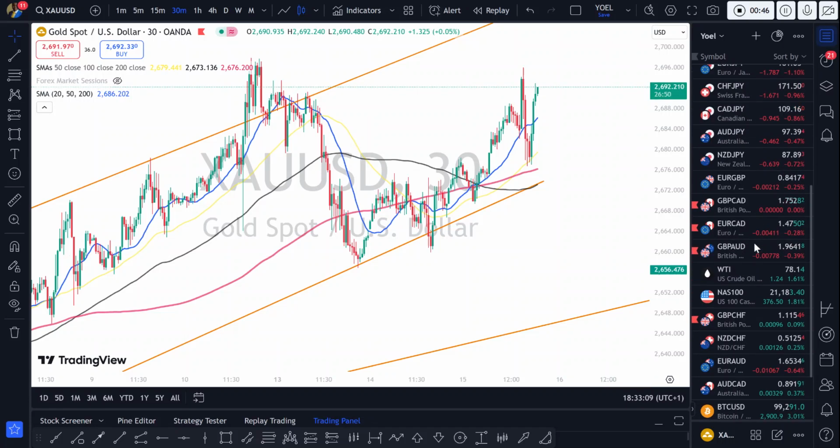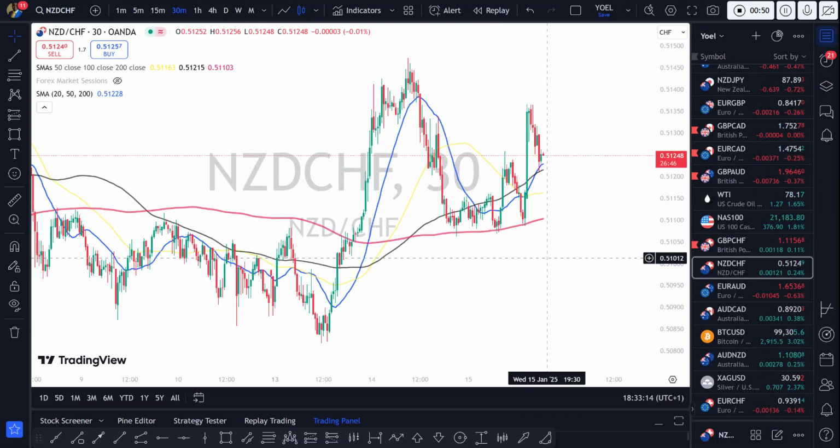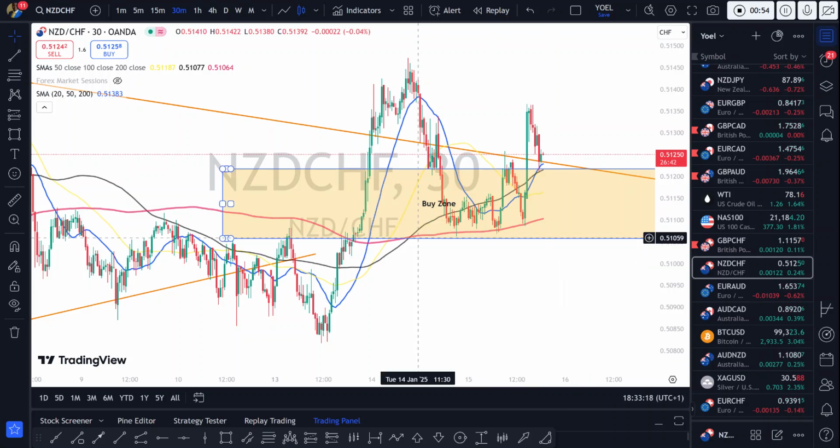So let me use a practical example that I gave. This is NZD-CHF. Now, if you remember, I gave a signal when the price of NZD-CHF was around 0.51442.